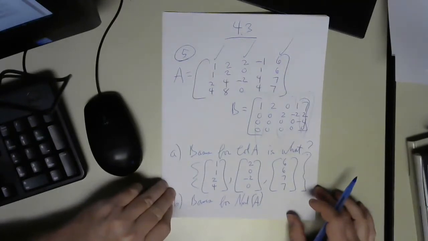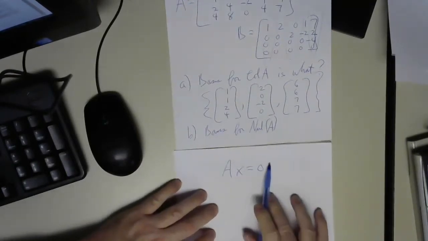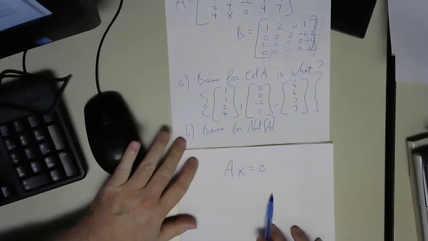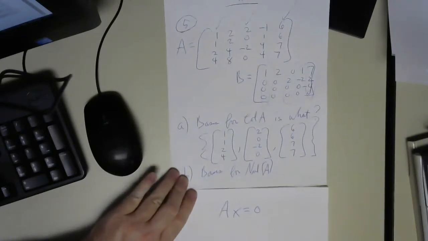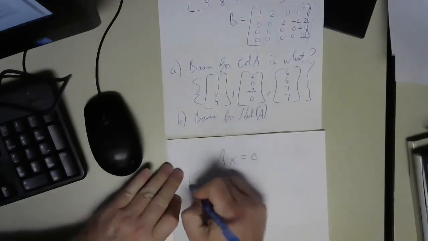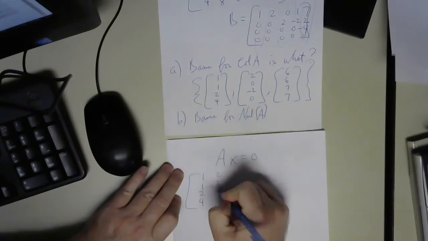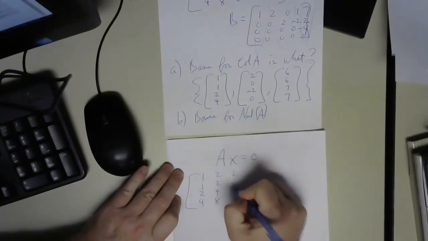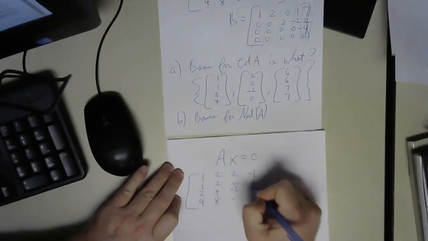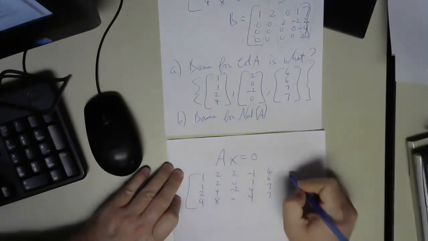But notice that if I do consider that system of equations, and think of this as a column vector of zeros here, this will be the augmented matrix for that system. It'll just be matrix A. Well, the only difference is we have to add a column of zeros.